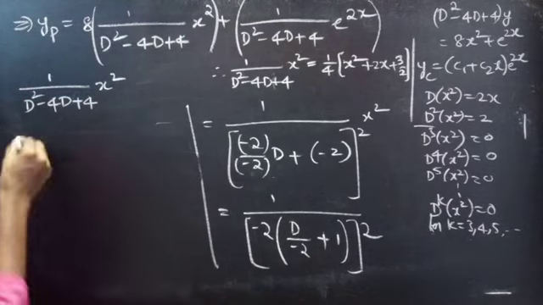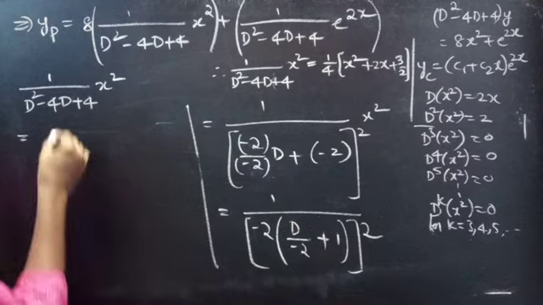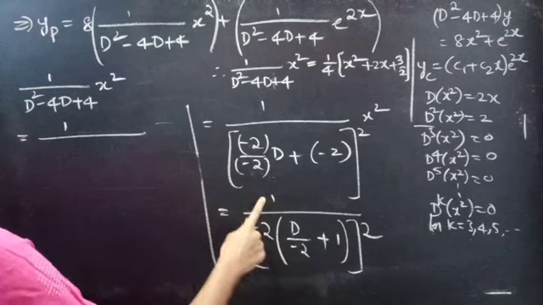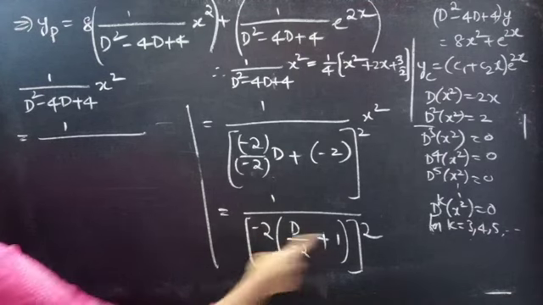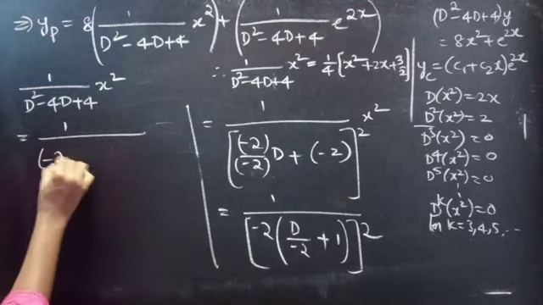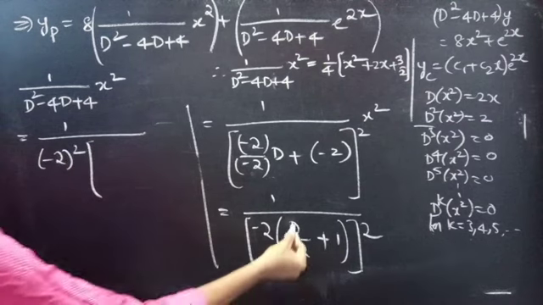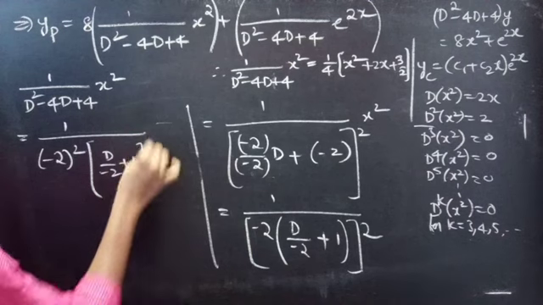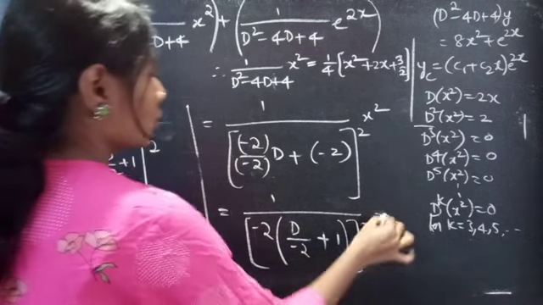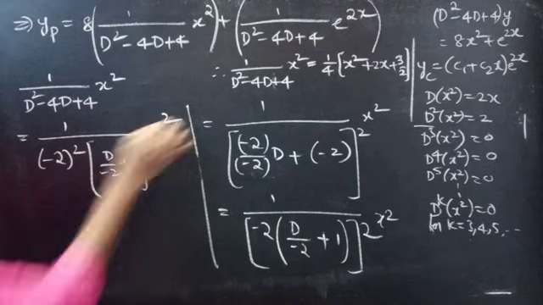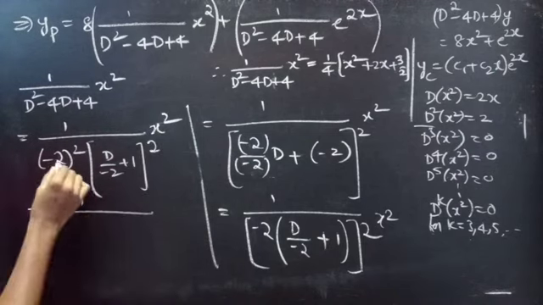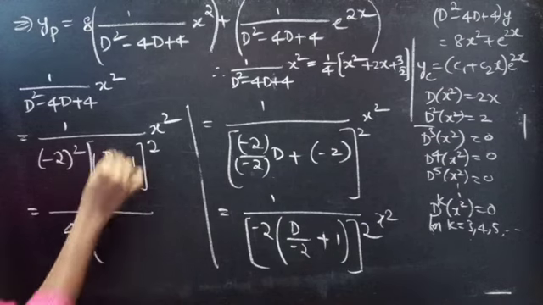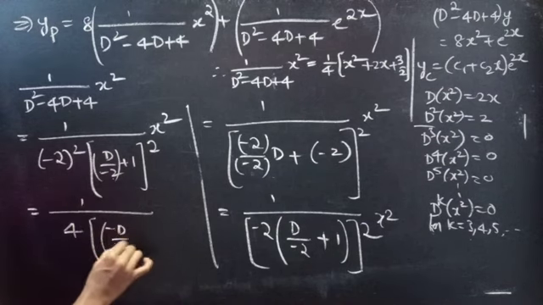Now we can write this as split the fraction otherwise. Firstly, let's write this as 1 by minus 2 whole square into d by minus 2 plus 1 whole square into x square. This is equal to 1 by minus 2 whole square is 4 into, we can write d by minus 2 as minus d by 2, right?